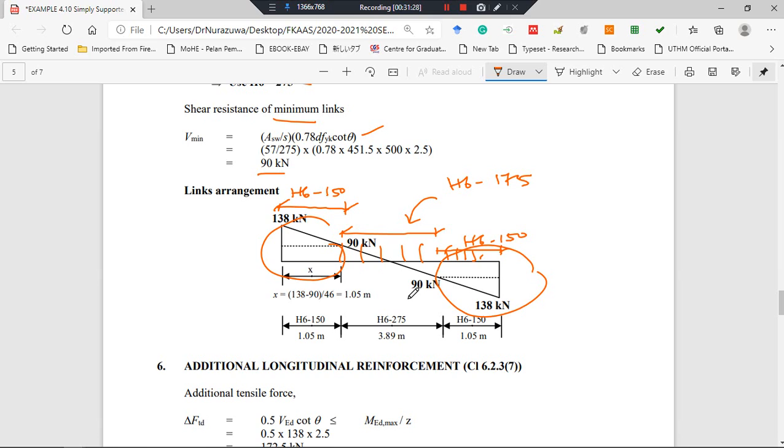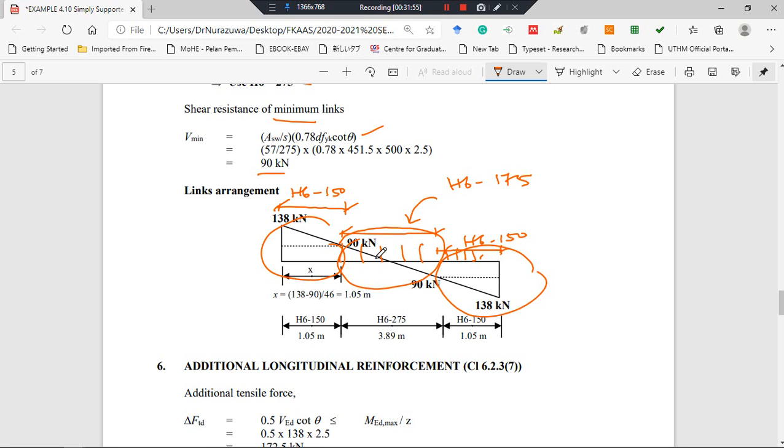So to be economical and reduce the cost, we do not provide the same spacing for the whole span. When we consider the shear here, it is decreasing, so to reduce the cost, we provide the minimum spacing for the shear link.